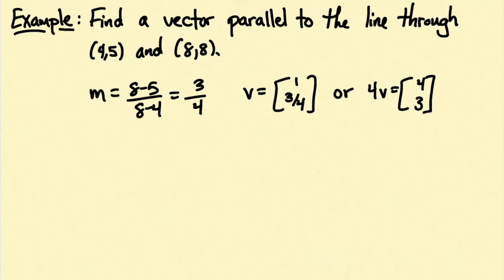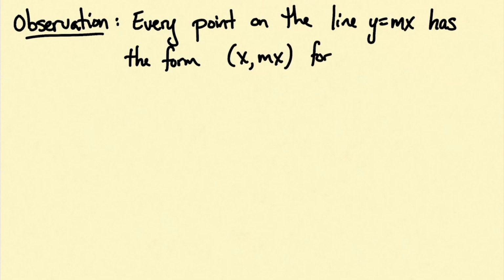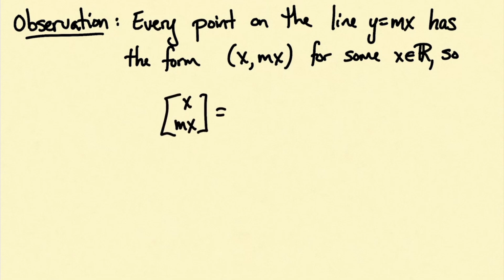So once we have a direction, we can form a line by allowing our scalars to vary. Every point on the line with slope m through the origin has the form x in the x-coordinate and mx in the y-coordinate. So by identifying the point with a vector, we have the following vector equation. This tells us that we can think of all of the points on the line with slope m through the origin as being obtained by scaling the vector v by the number x.